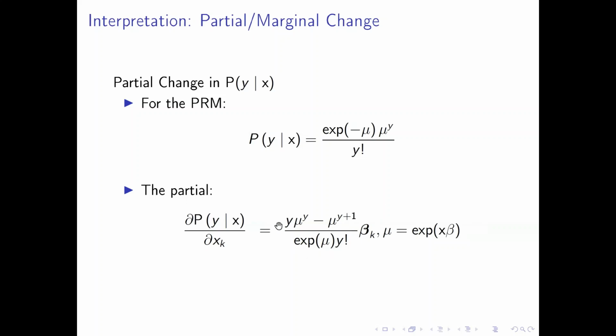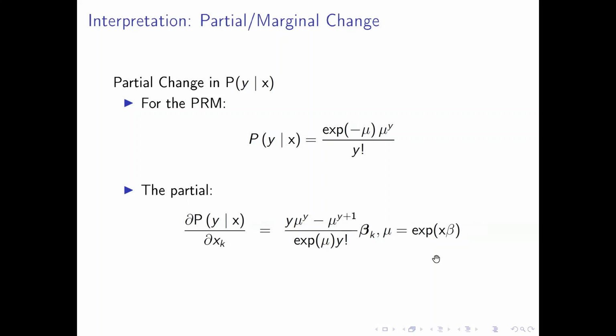Then the whole ratio here is multiplied by beta k, that is the coefficient for xk. In this case, mu, as we all know, is equal to the exponential function of x beta.